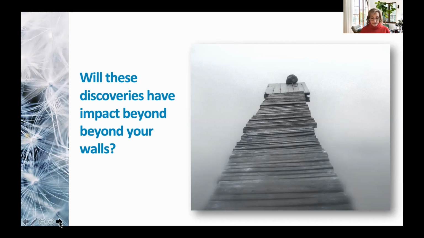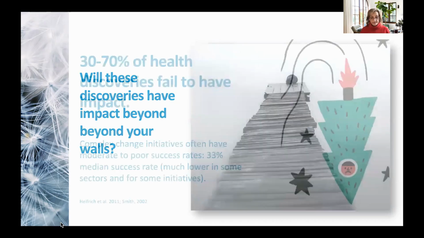Implementation must be explicit, intentional, and systematic. Our new discoveries will be groundbreaking for sure, but we will need to ask ourselves if these discoveries will have an impact beyond our CVs, our labs, and the walls of our research institutions.